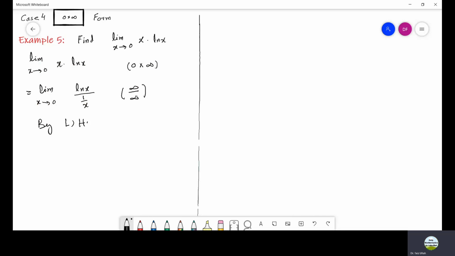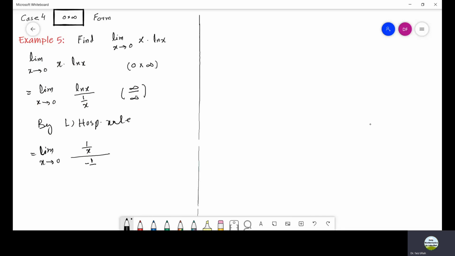So according to the L'Hopital rule, we have to differentiate the function in the numerator. The function in the numerator is log x, and the differentiation of log x is 1 over x. And we have to differentiate the function in the denominator.